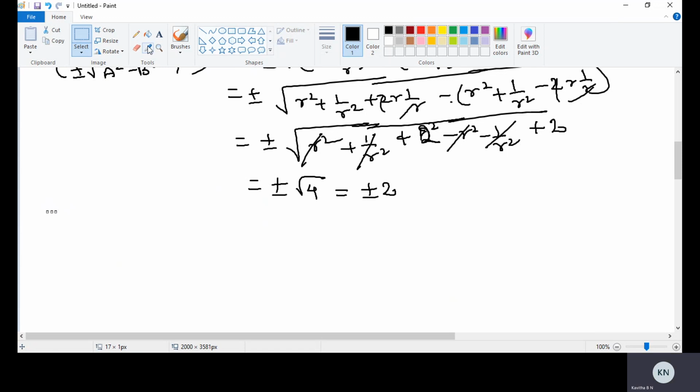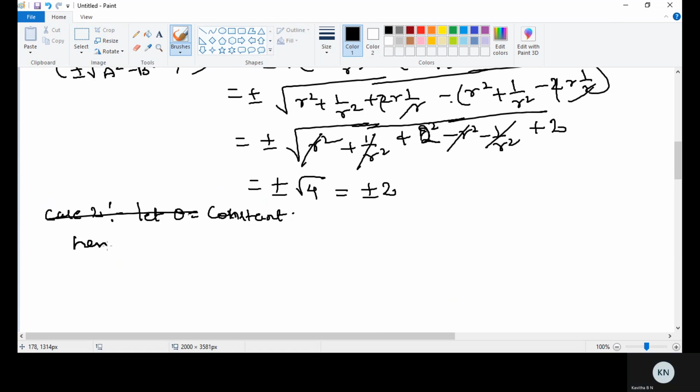Case 1: let r be equal to constant. Observe here, plus or minus 2.